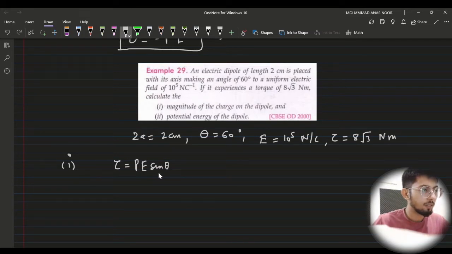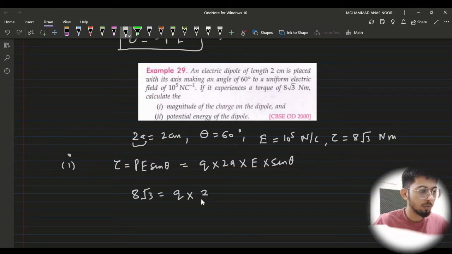So P is Q into 2A. Q into E into sine theta. Here 2A is root 3, Q into 2A is 2 divided by 100 because that's in centimeters. E is 10 to the power 5.